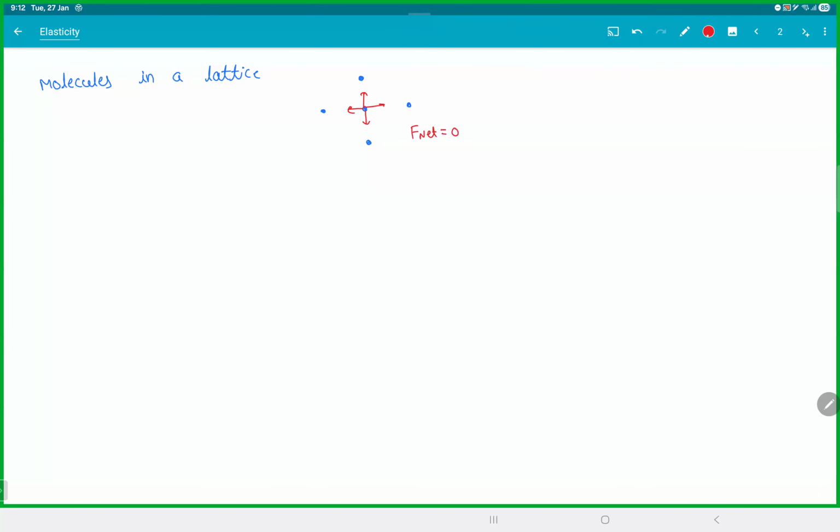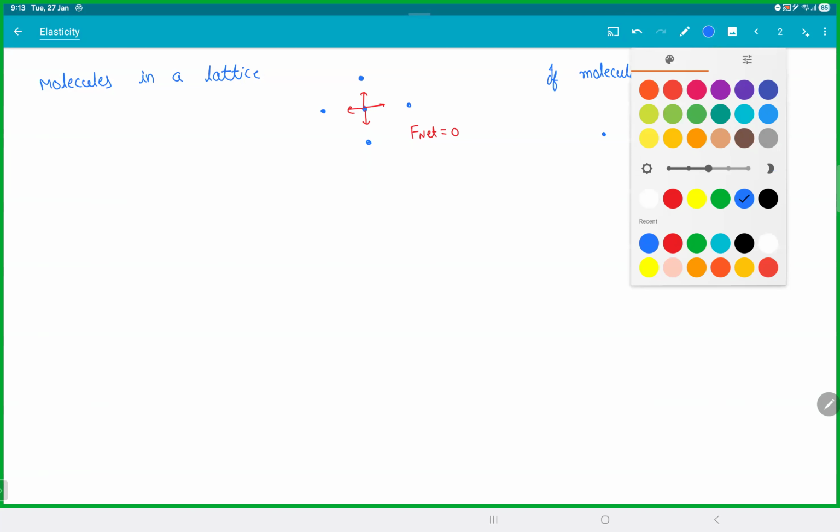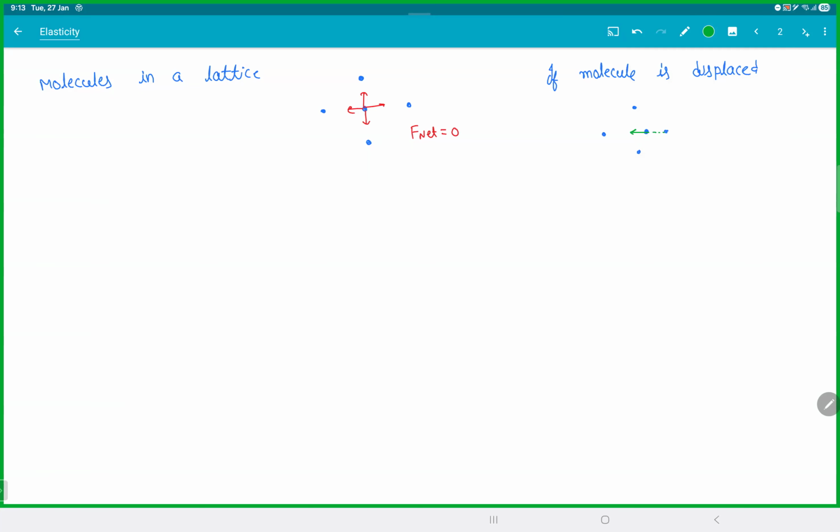Now, for some reason, if you try to displace the molecule, and you bring this guy closer here, what will happen? This guy will repel, and these others, because you went away far from them, they will attract. Can you see what will happen? It will try to push back. So the net force will be towards the mean position. Mean position is the point where the force is zero.